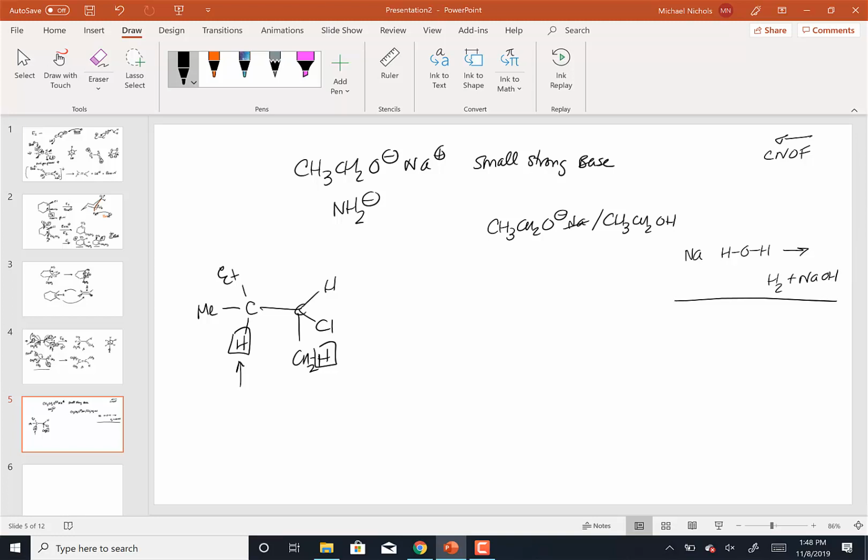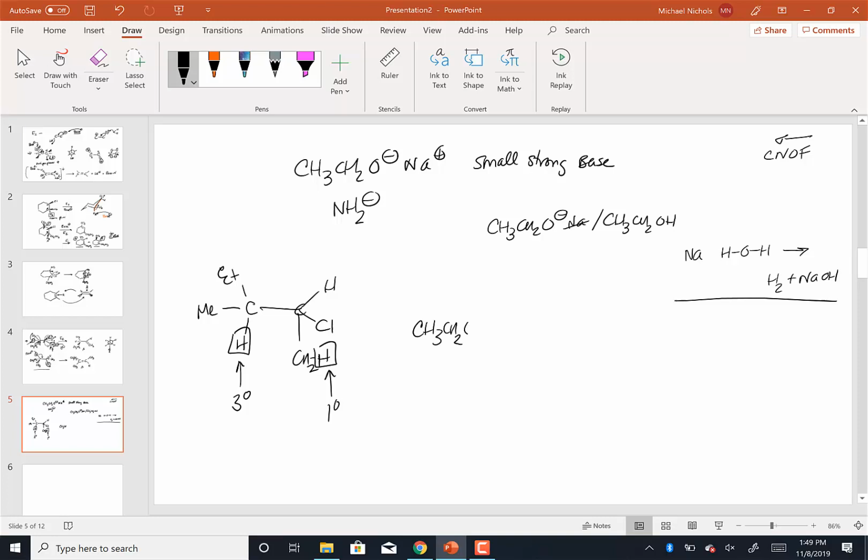Good guess. It's tertiary. What kind of hydrogen is that? Primary, secondary, or tertiary? Primary. Which one of those two is more sterically hindered? Tertiary.